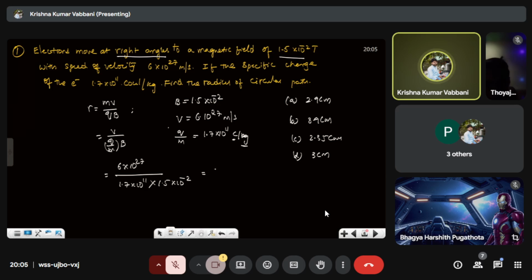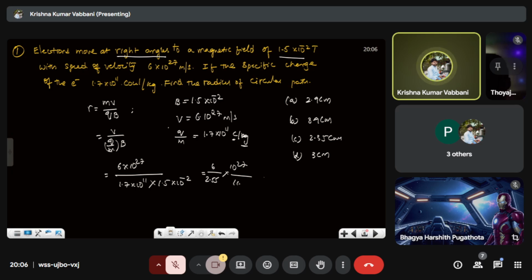So this is going to be 1.5 times 1.7. Please tell me what the answer is. So 2.55. So it's 6 by 2.55 into 10 power 27 divided by how much this is going to be.